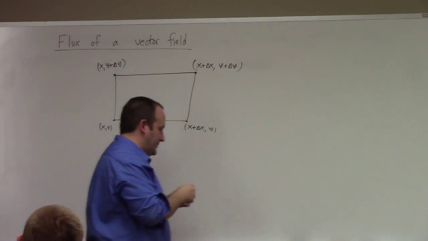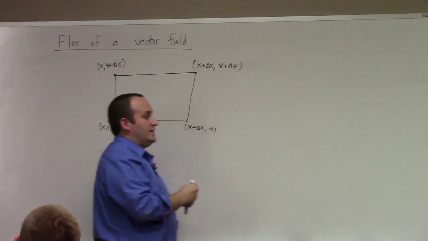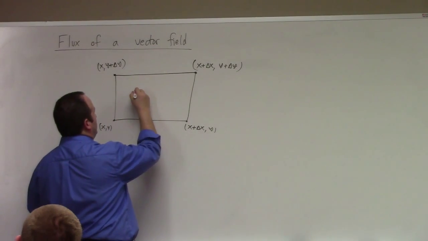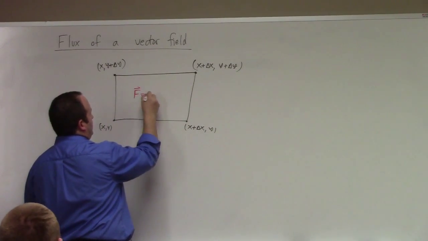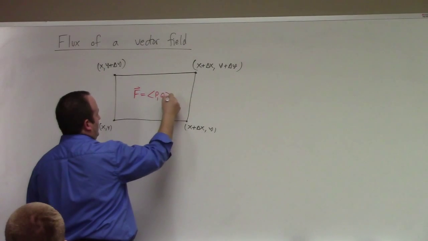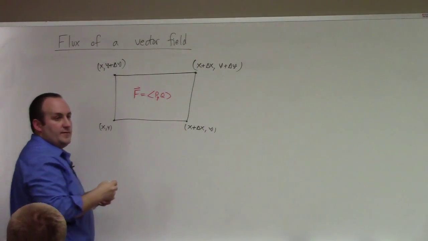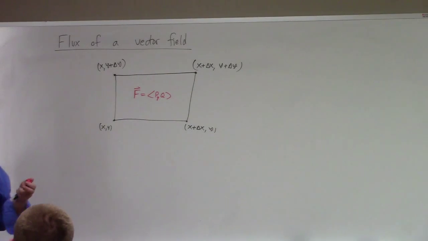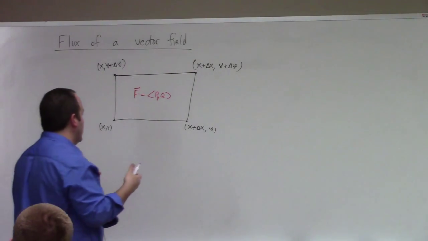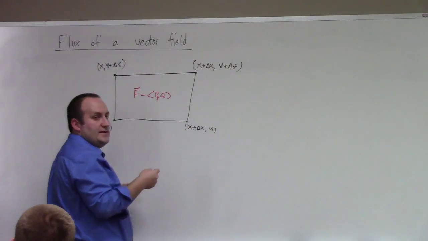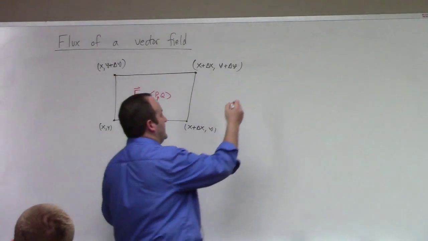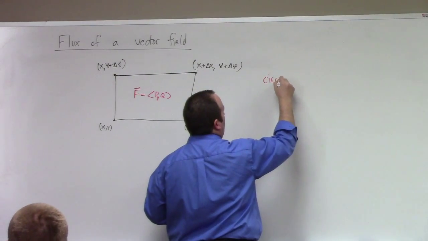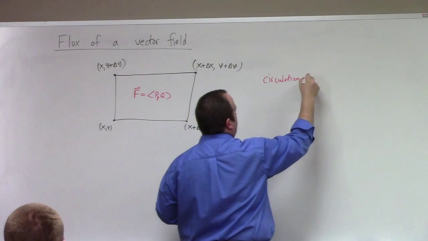Again, look at the vector field. This time I'm still looking at the vector field F equal to PQ, same vector field. But this time I want to calculate the circulation around this infinitesimal rectangle. What's the circulation? Or work, if you like.